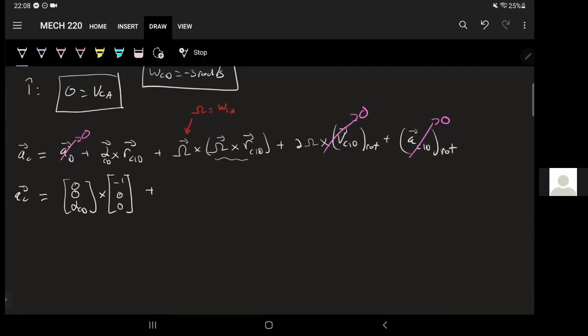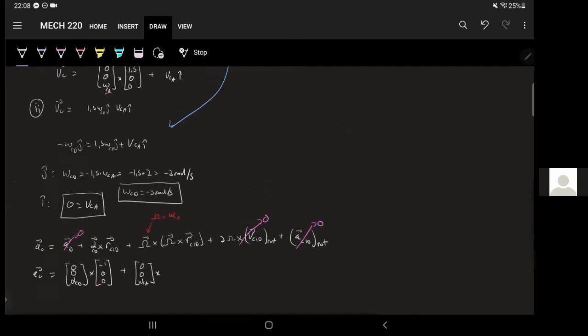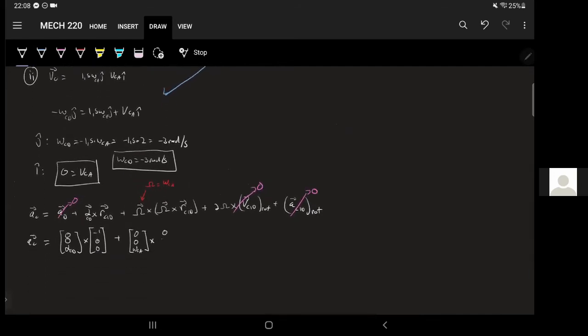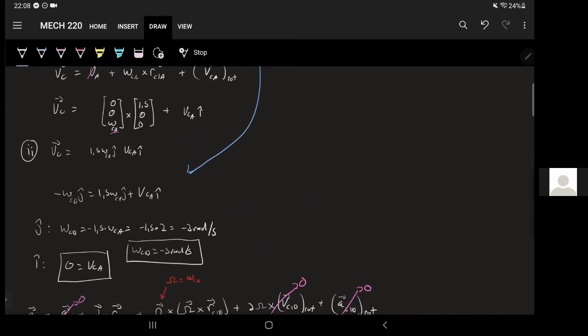This result is the same we had before, so it's going to be 0, 0, WCA cross 0, 1.5 WCA, 0, which is the result I put here before.